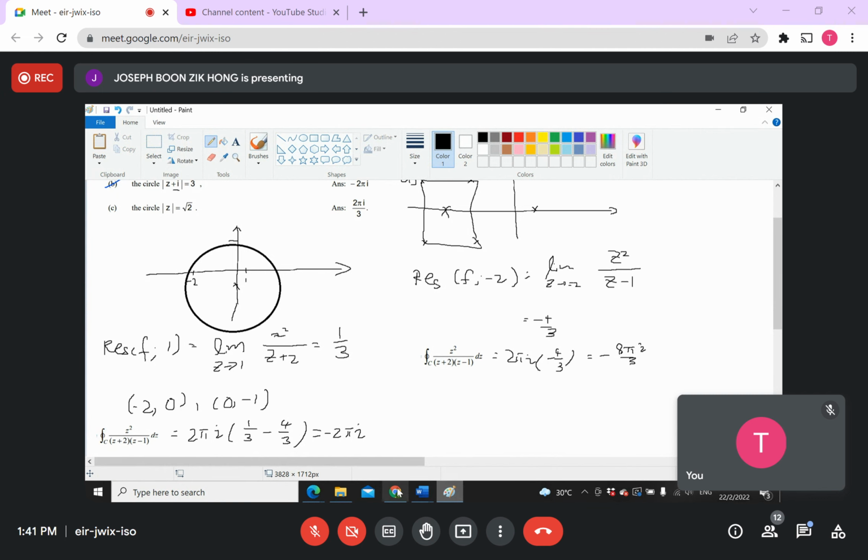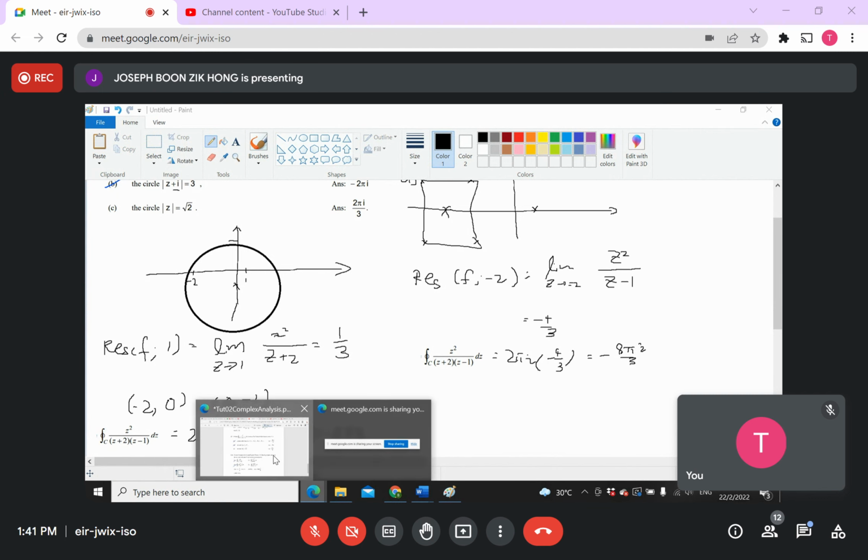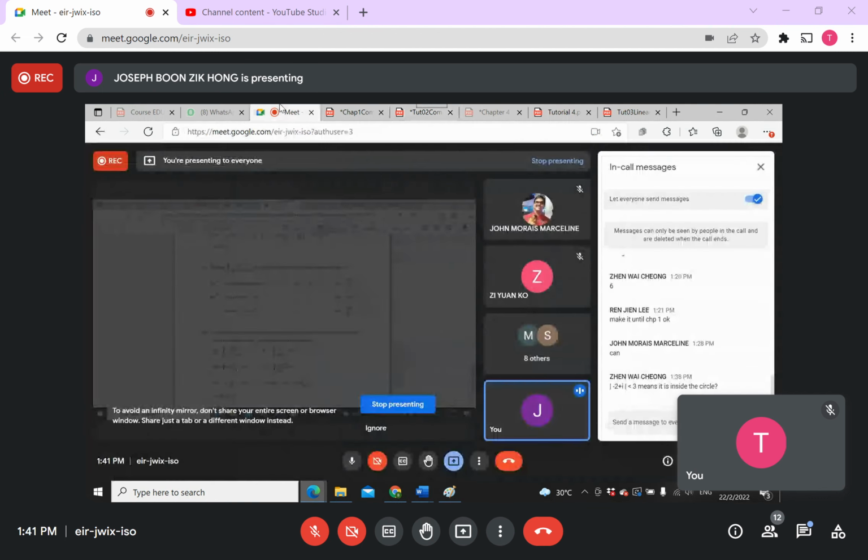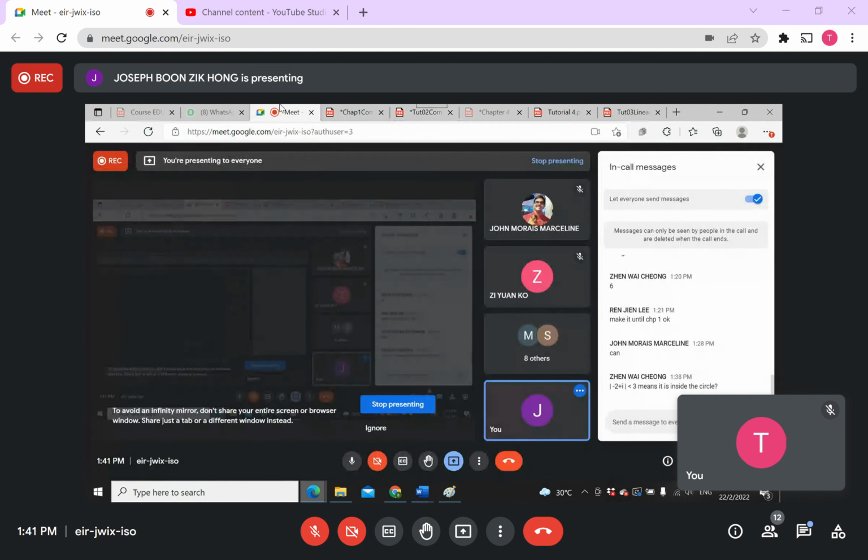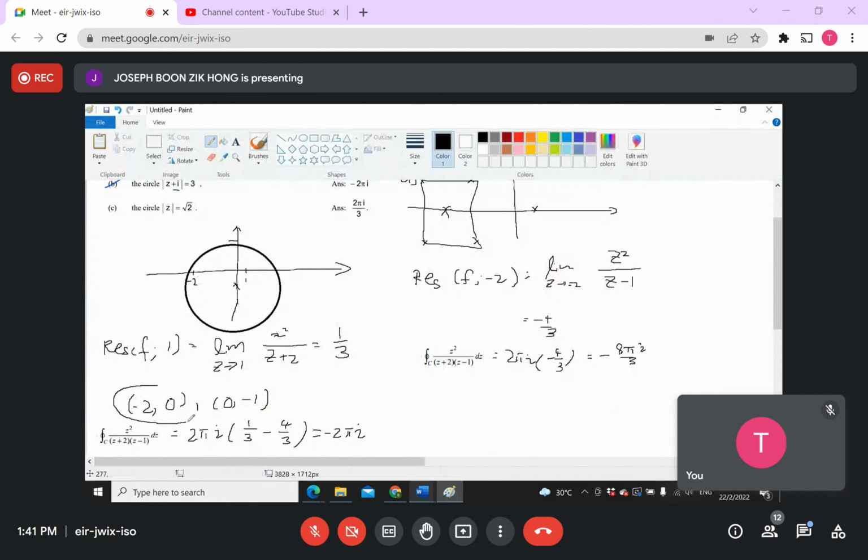Okay, so I proceed to the last questions. Please ask if you have any questions. Yes, inside the circle. You need to make sure it's inside the circle. That's why I try to calculate whether this one is greater than 3 or less than 3. If the distance between this one and this one is less than 3, that means it's still inside the circle. If greater than 3, that means it's more than the radius, so it's outside the circle already.